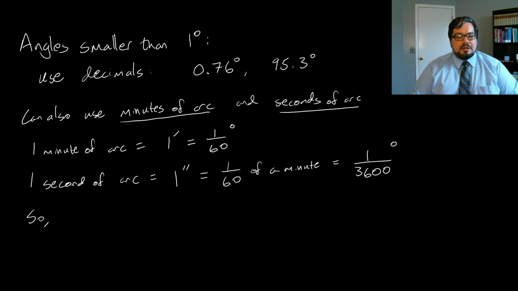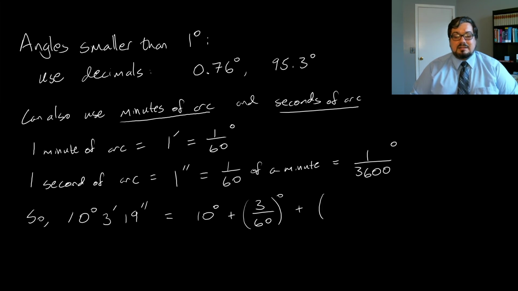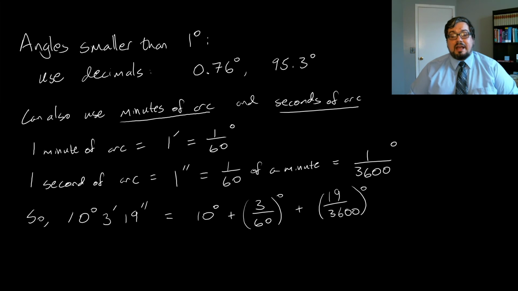So if you look at some degree measurement and it says 10 degrees, 3 minutes and 19 seconds, what this means is 10 degrees plus 3/60ths of a degree plus 19/3600ths of a degree. And that's the sort of thing that you can put into a calculator to get an approximation for.